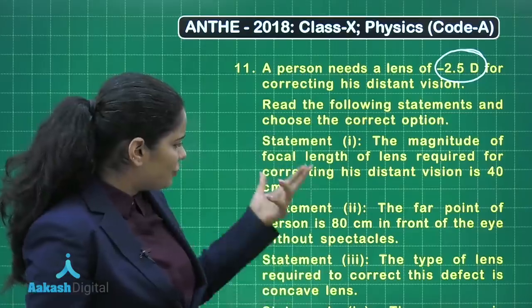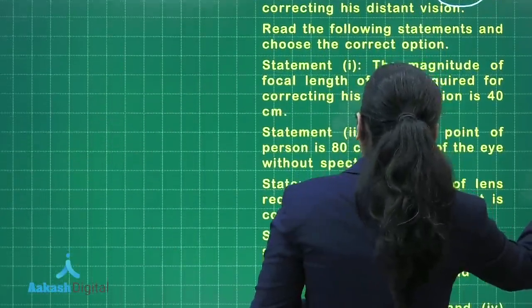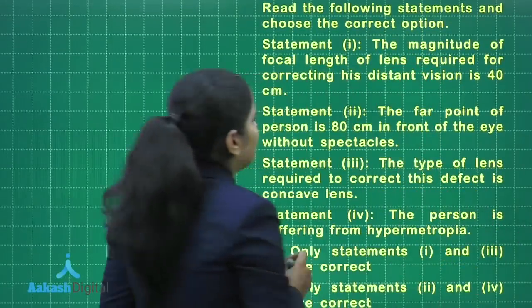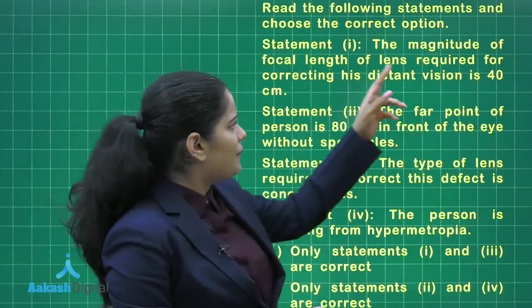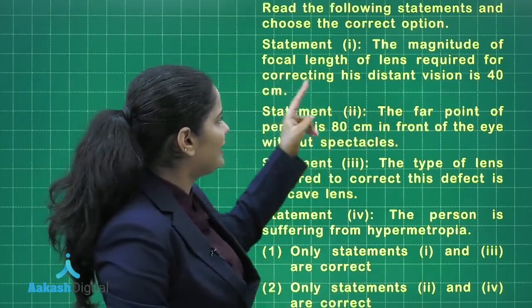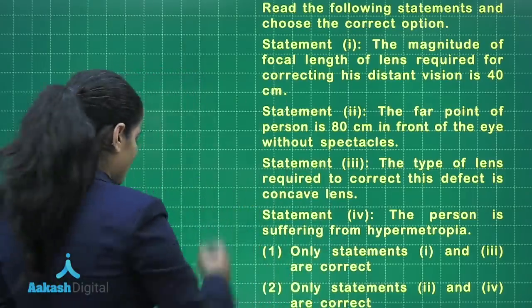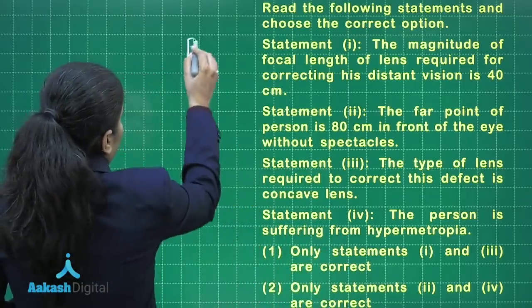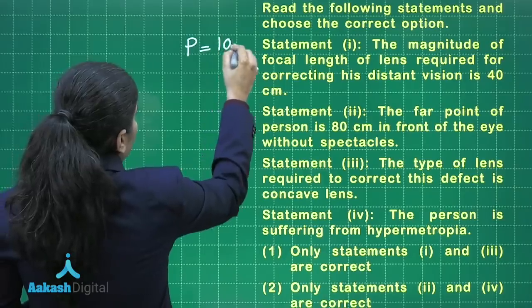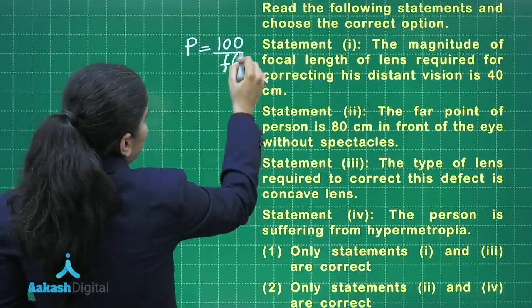Now here we are given a few statements, so let's read the statements to get more clarification about the question. The first statement says the magnitude of focal length of the lens required for correcting his distant vision is 40 centimeter. Well, we can find it out. Power is 100 upon focal length, if the focal length is given in centimeter.